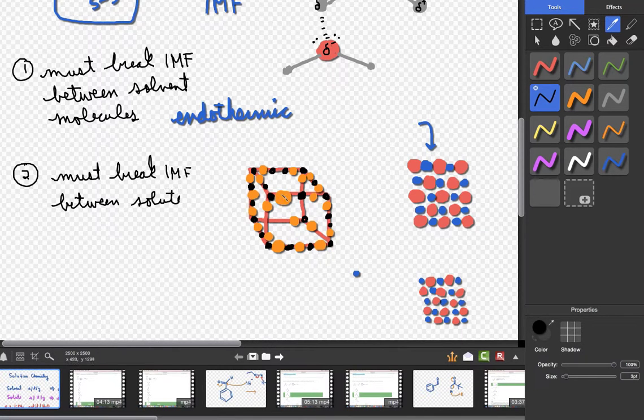I'm not going to use the word molecule because this really isn't a molecule, but I will use the word particle. The word that is most appropriate here is a formula unit. This is also an endothermic process.